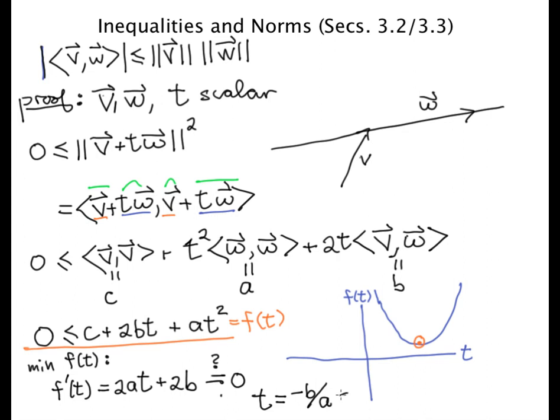And what is that? What was b? b was VW over a, which was WW, which I'll write as the length of W squared.